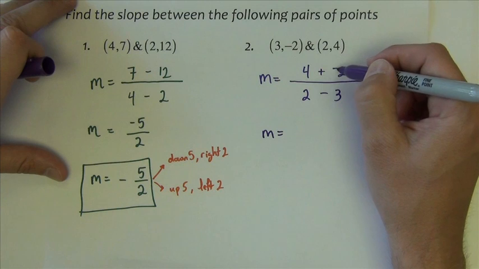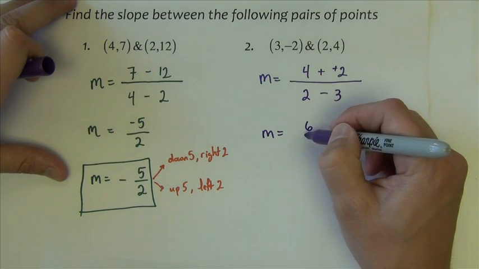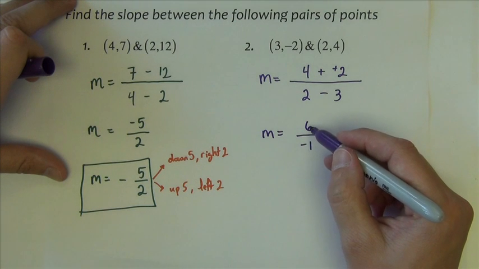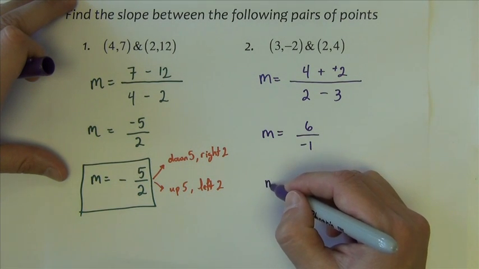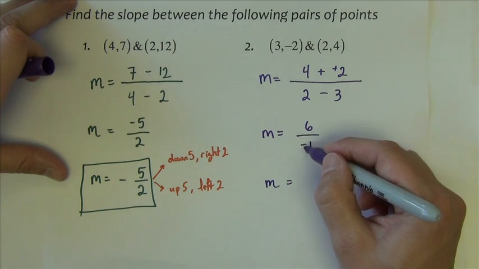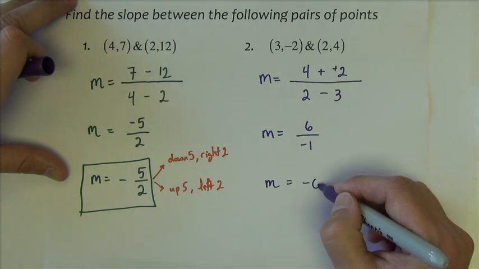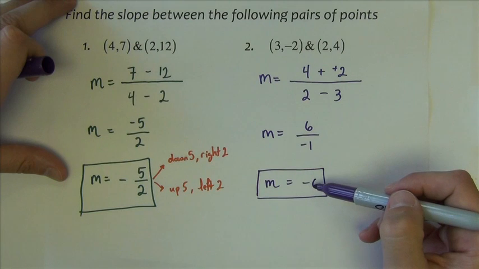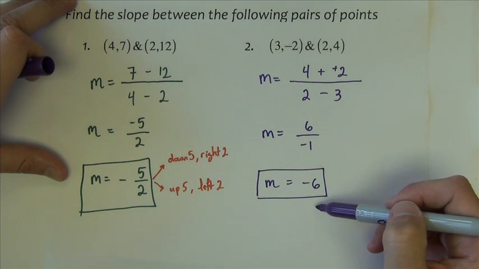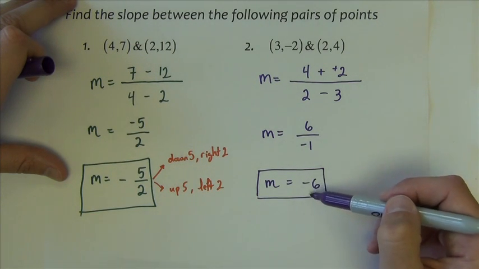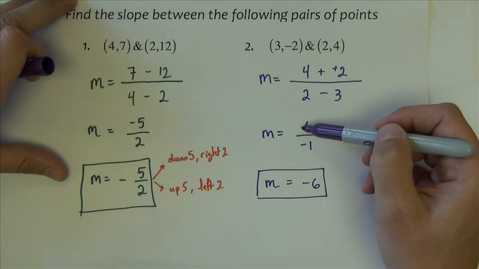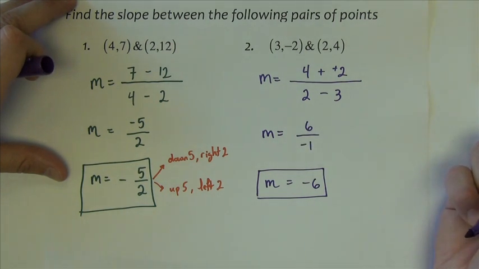In the numerator, the minus negative becomes positive, so we get 6 divided by negative 1. Typically, even though we could preserve this as a fraction, you'd probably see it eliminated with the negative 1 on bottom. You just see a slope of negative 6. But it is implied that it would be negative 6 divided by 1. So that would imply down 6 and right 1. Or, in this form, up 6 and left 1.